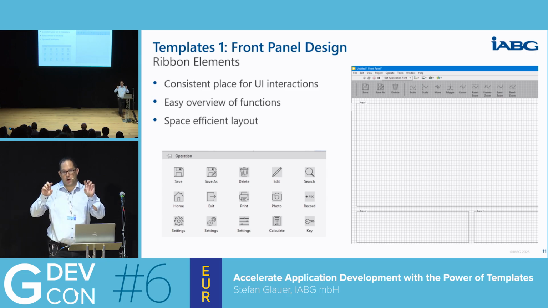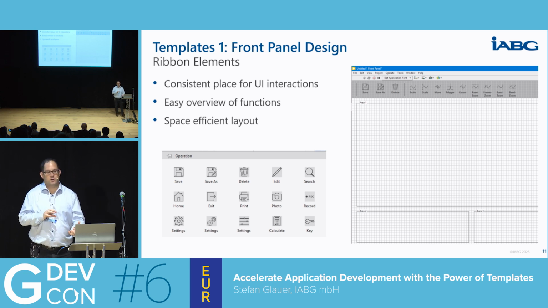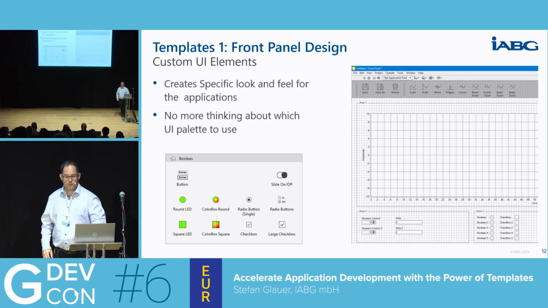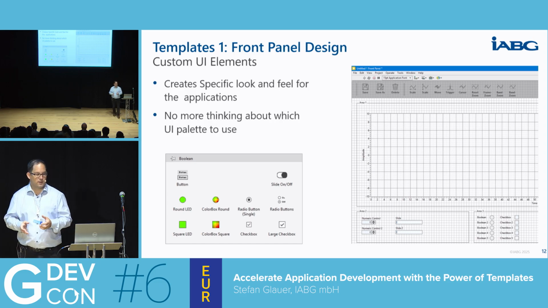Now if they look at the top, they see all the available functions. If some functions are grayed out, you cannot use them. If they're not grayed out, you can use them. Now you have an easy overview of what functions are available in your user interface. So that was these elements together.